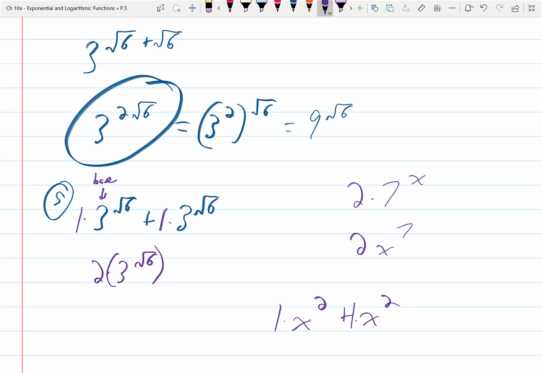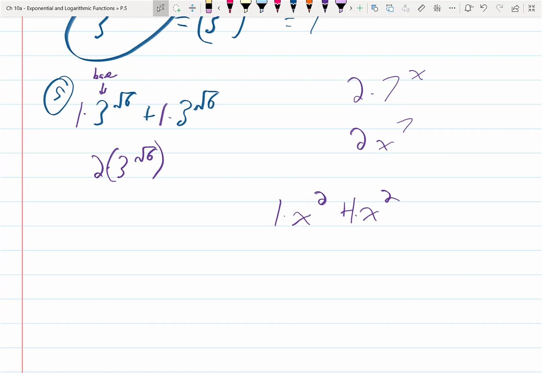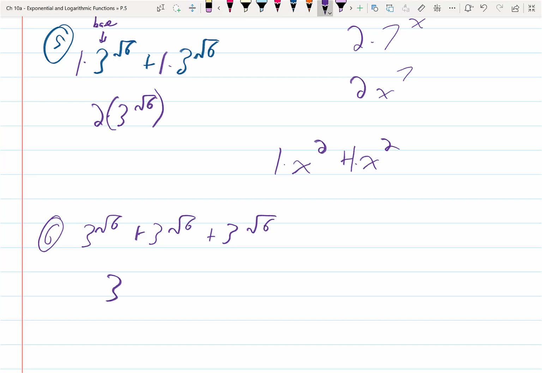Now, if I really wanted to be clever, what is 3 to the root 6 plus 3 to the root 6 plus 3 to the root 6? 3 times 3 to the root 6. Yes, 3 times 3 to the root 6. But this can go one step further now. They are the same base. What is the rule?